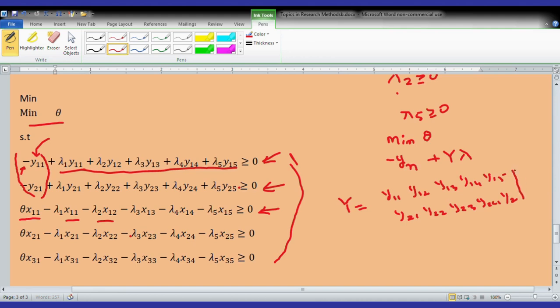And then see that this is your y, and then I can have a vector lambda 1, lambda 2, lambda 3, lambda 4, and lambda 5, and see that if I find the product of these two, I will be able to get these two equations.